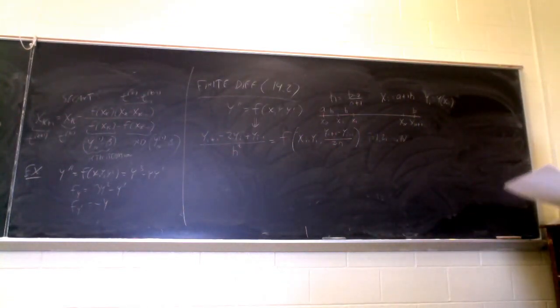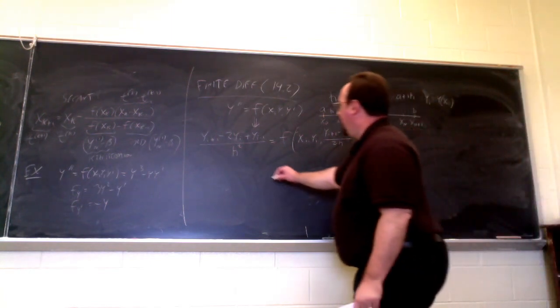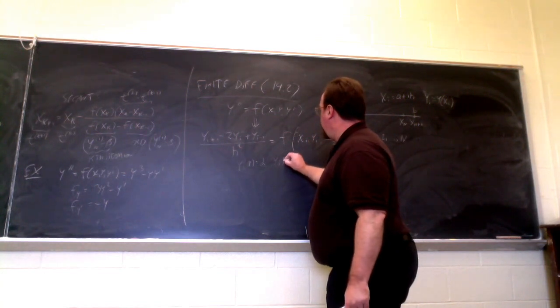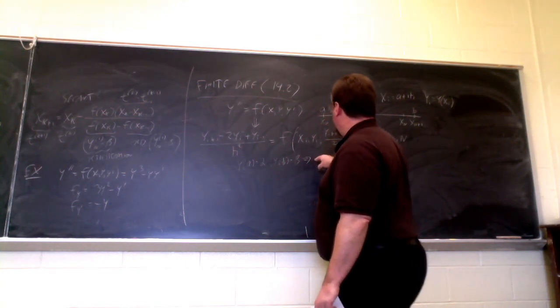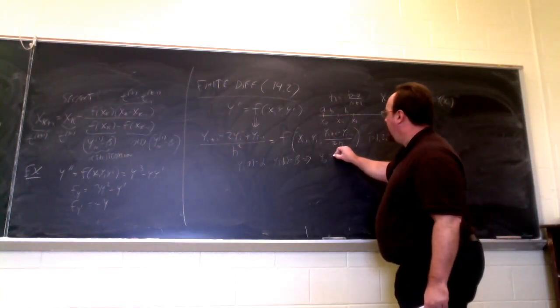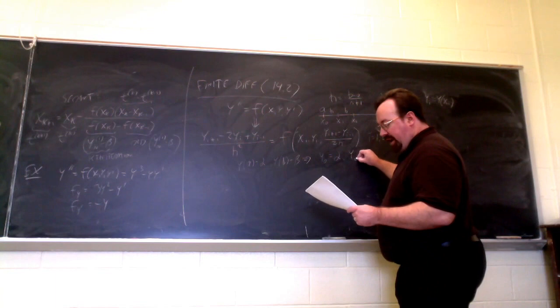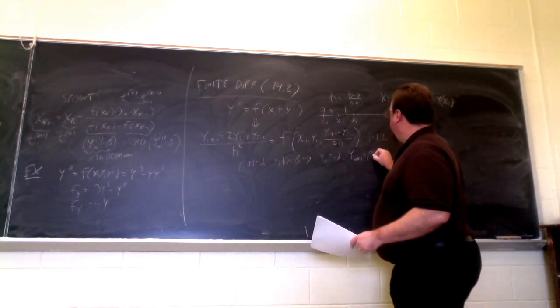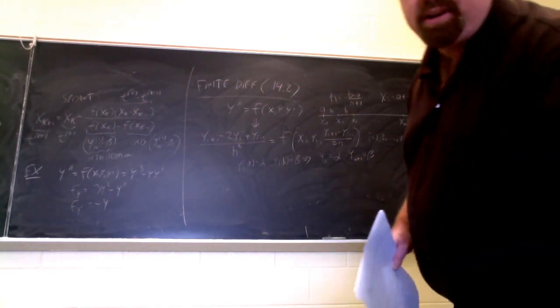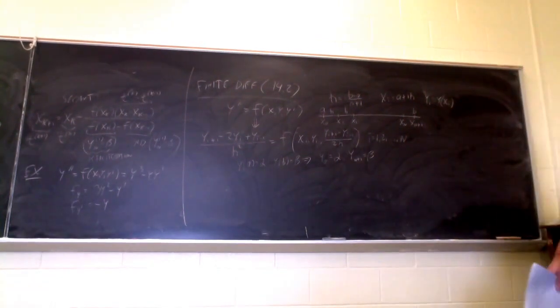And our boundary conditions, y of a equals alpha, y of b equals beta, become boundary conditions on our numerical solution. y sub 0 is alpha, y n plus 1 is equal to beta. Are there any questions about the setup?